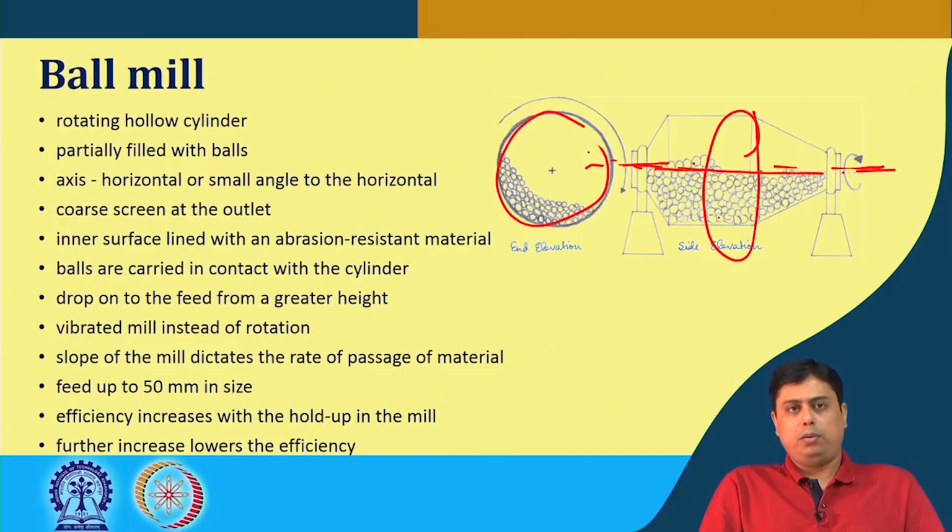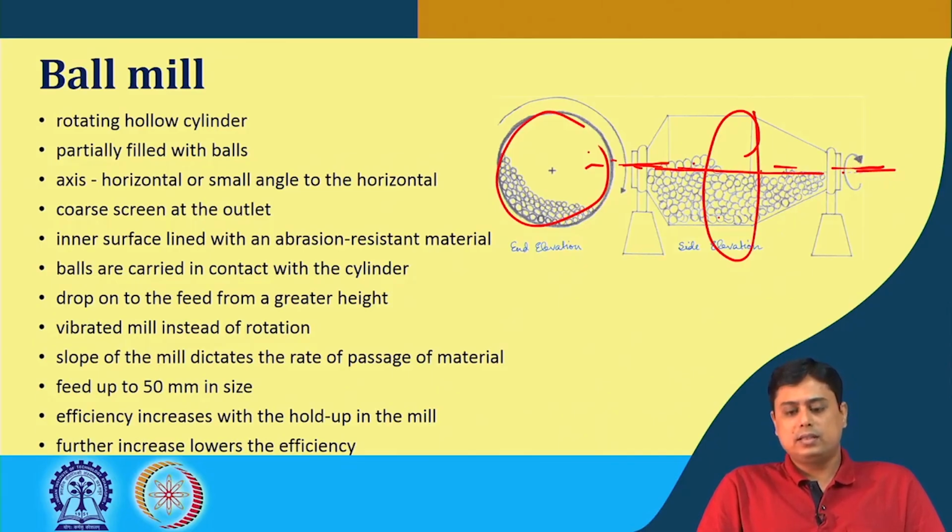Now, the slope of this mill, the reason I mentioned that it can have some angle, actually dictates the rate of passage of material. It increases the capacity of the equipment, if the slope is such that the material can clearly pass through with ease as it is crushed.